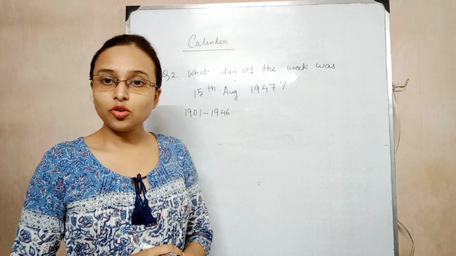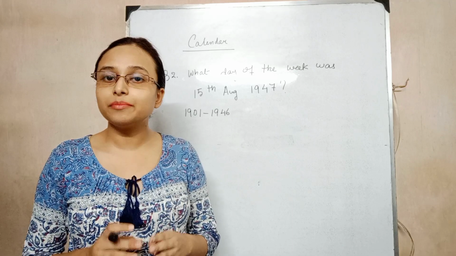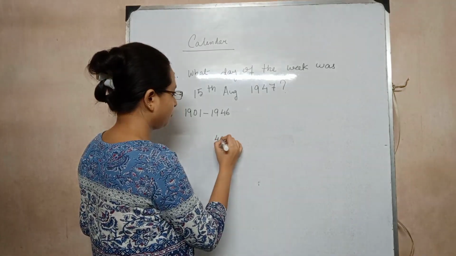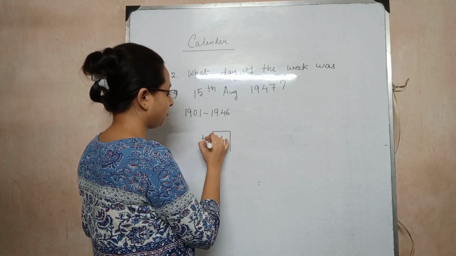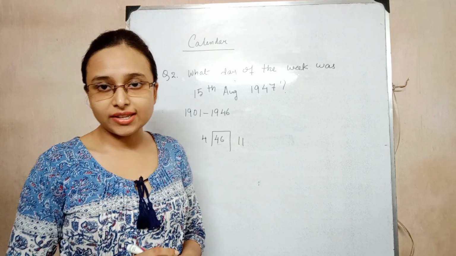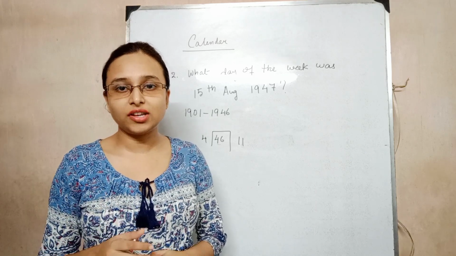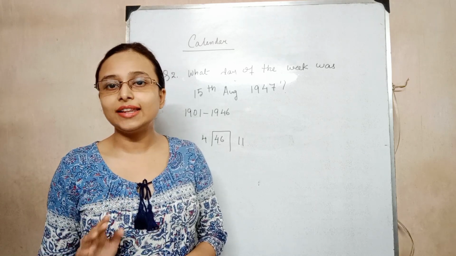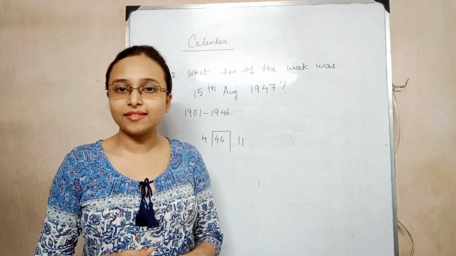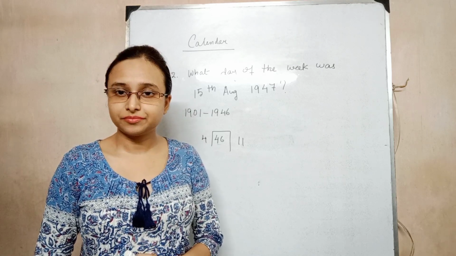Dividing 46 by 4 gives you the quotient 11 and the remainder 2, which indicates that from 1901 to 1946 we have 11 leap years. If there are 11 leap years among 46, then the remaining 35 should be ordinary years.